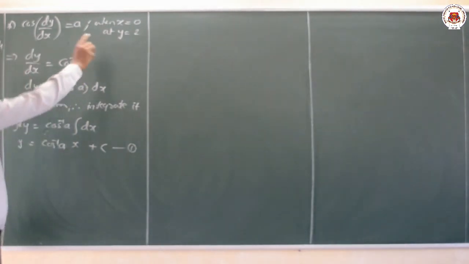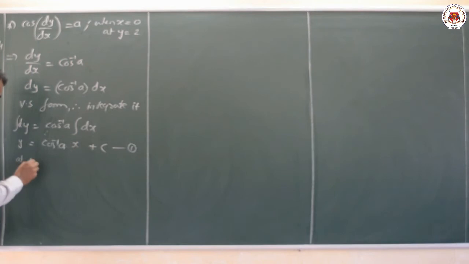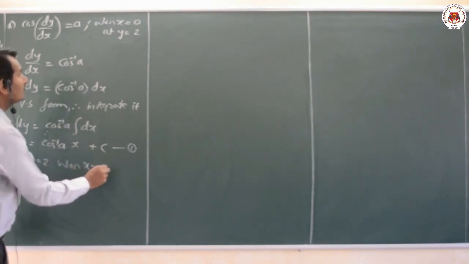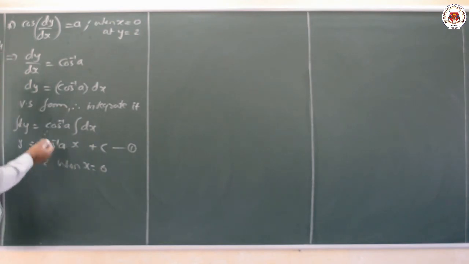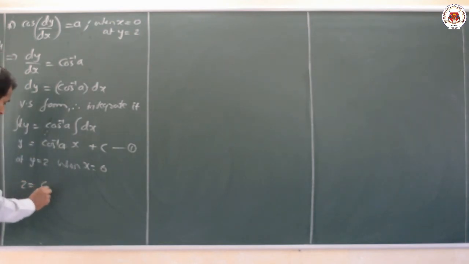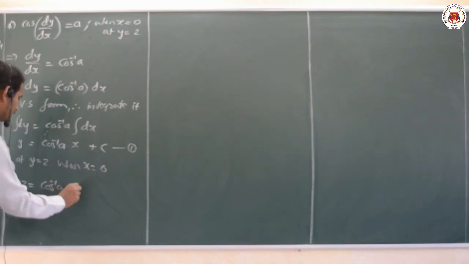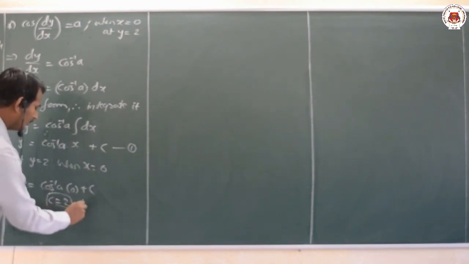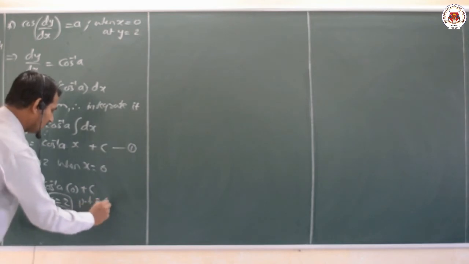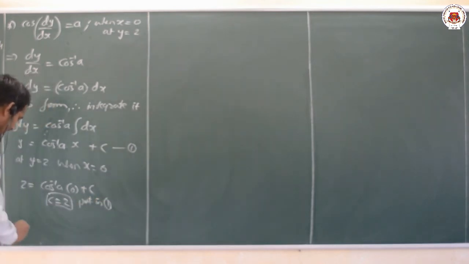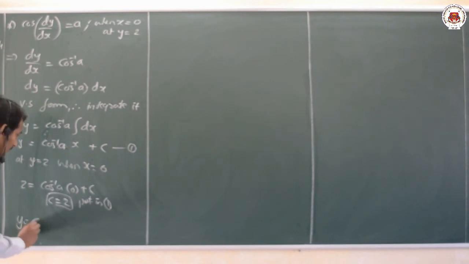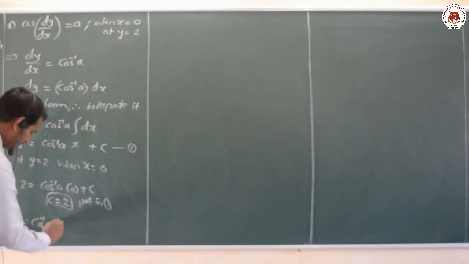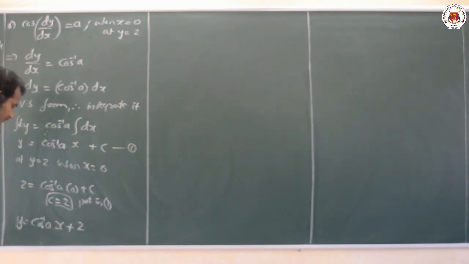Now we will apply the conditions. What is the condition? At y equal to 2, when x equals 0. Substitute both the values in the above: 2 equal to cos inverse of a into 0 plus c. That implies c equals 2. Put in 1, so we get y is equal to cos inverse of a into x plus 2.